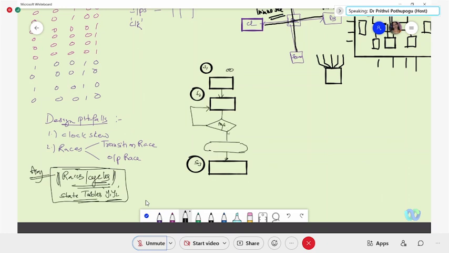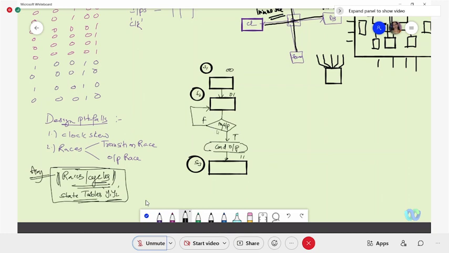Based on this asynchronous input, a conditional output is happening, and I'm taking some true false transitions.